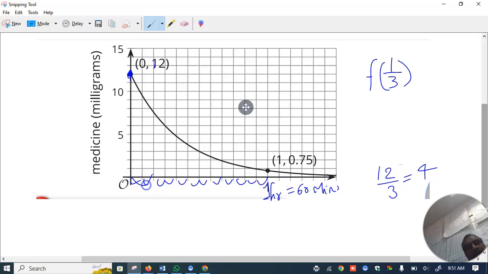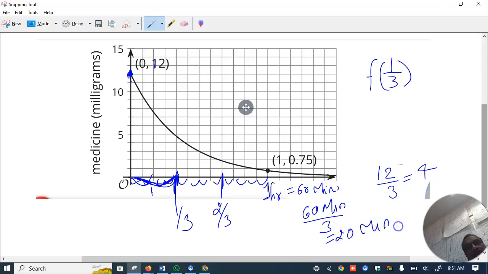So every 4 spaces is 1/3, and another is 2/3. If I divide 60 minutes by 3, it's 20 minutes. So this is 20 minutes, this is 40 minutes, and this is 60 minutes.